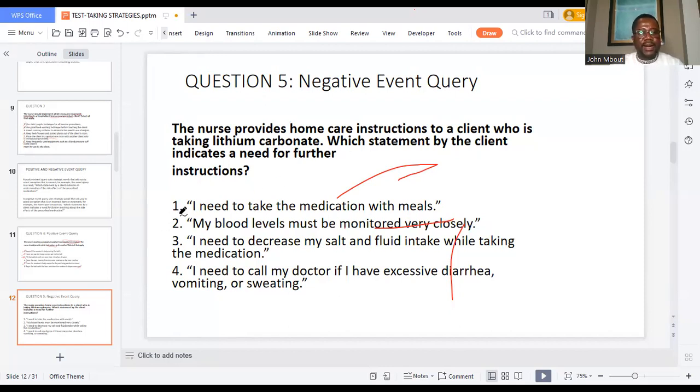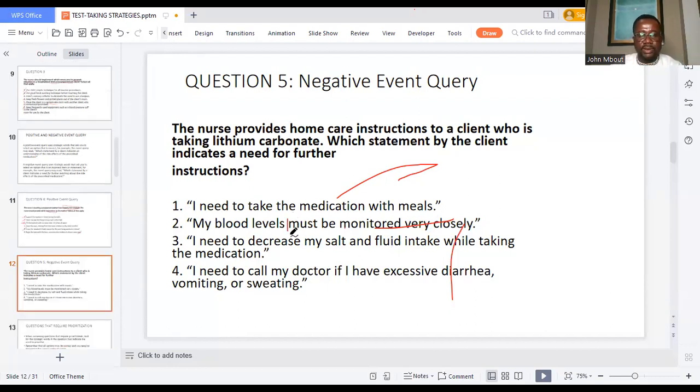So I need to take the medication with meals. My blood levels must be monitored closely. Okay, I said, make sure you look at the questions and options that have close-ended words.